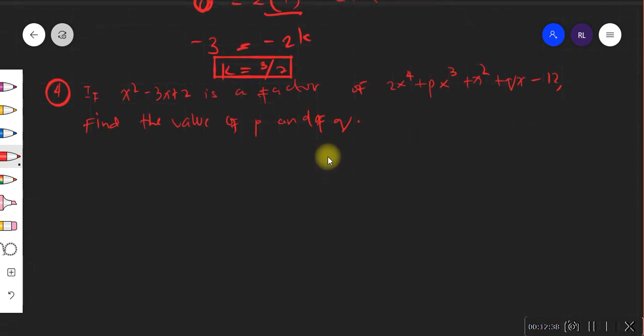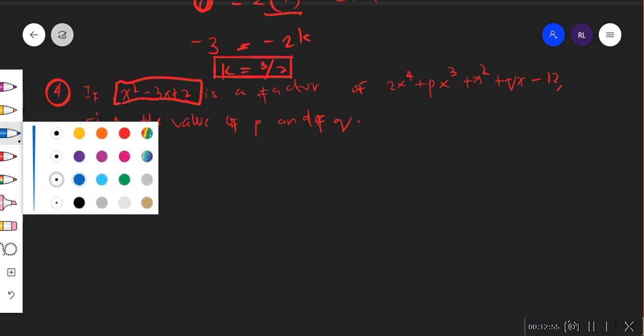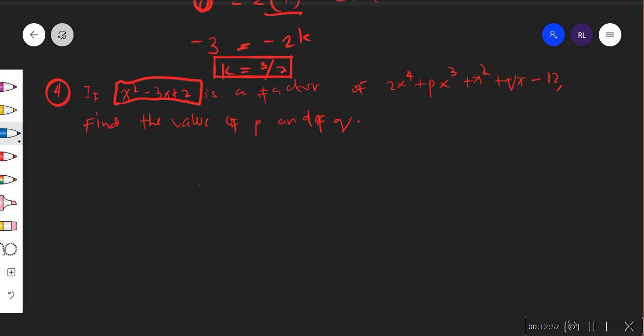So what we're going to do is, as you can see here, our divisor is a quadratic polynomial. So let's factor this one. We can say that x squared minus 3x plus 2 is equal to x minus 2 and x minus 1.